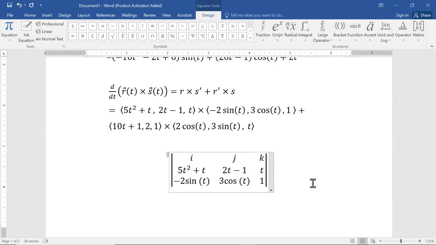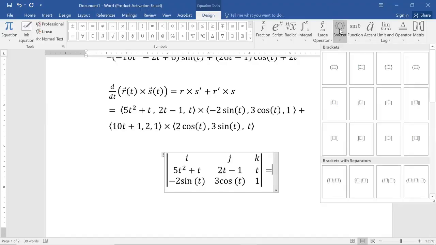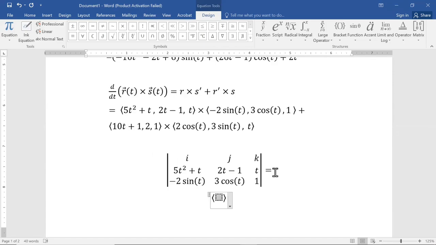What kind of vector are we going to get when we do that? Well, we're going to get a vector that's really messy. In fact, let me write it here because I know it's going to be really long.